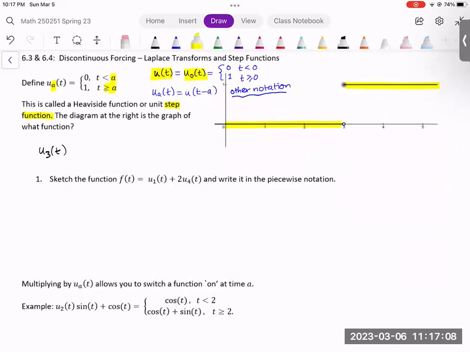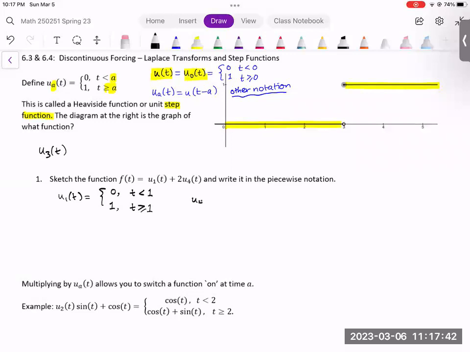Here we have the function f of t, which is u_1 of t plus 2 u_4 of t. We're going to sketch this and then write it down using piecewise notation. u_1 of t is equal to 0 when t is less than 1, and equal to 1 when t is greater than or equal to 1.